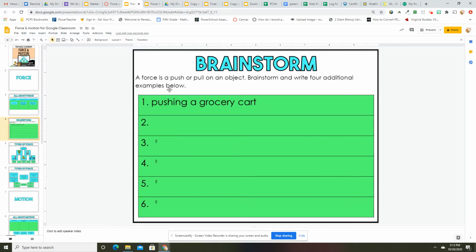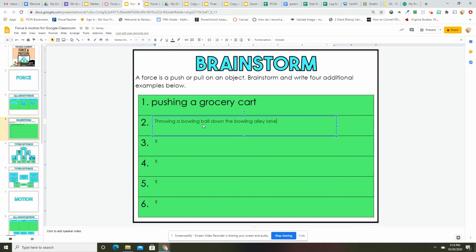Okay. All right. On this one, brainstorm. Force is a push or pull on an object. Brainstorm and write 4 additional examples below. So they've done one for you, pushing a grocery cart, and we're going to do one together. So what about throwing a bowling ball down the bowling alley lane?